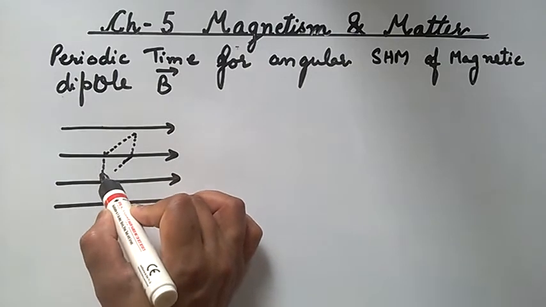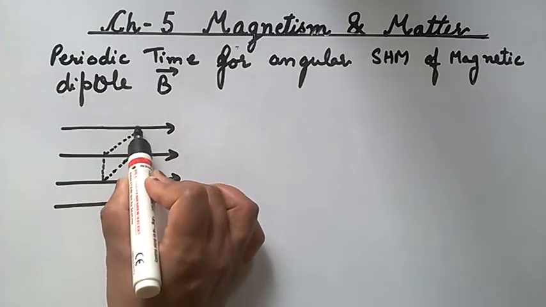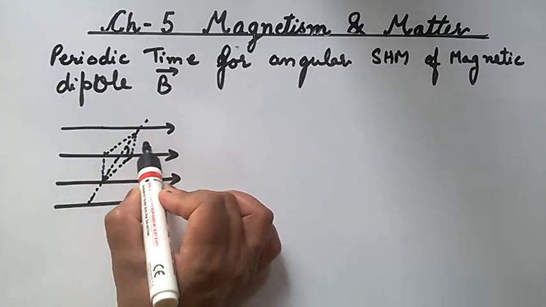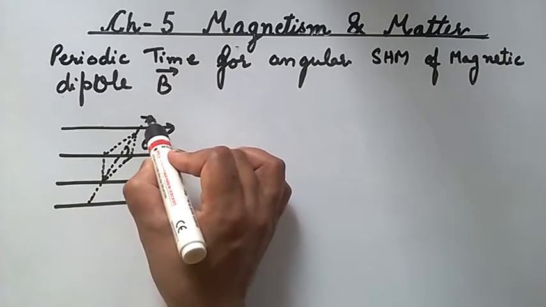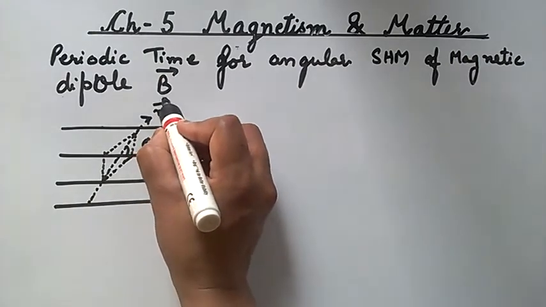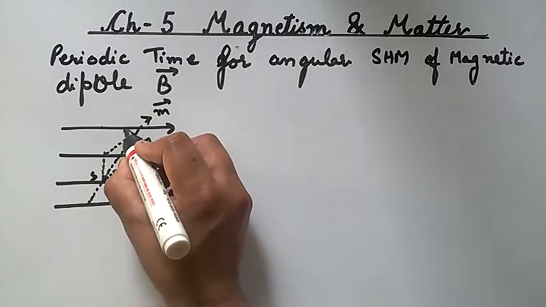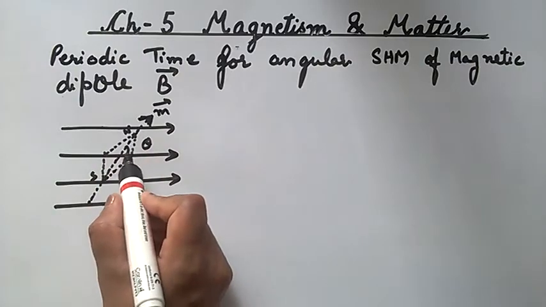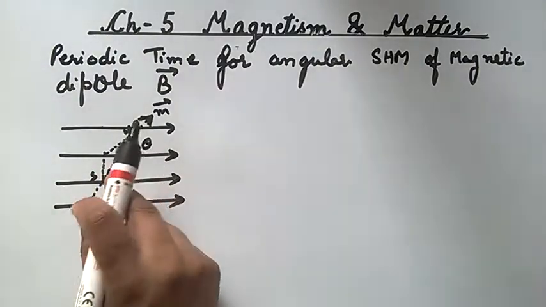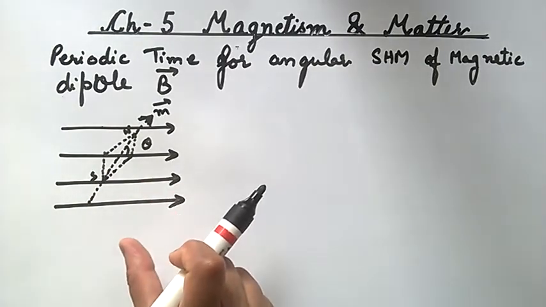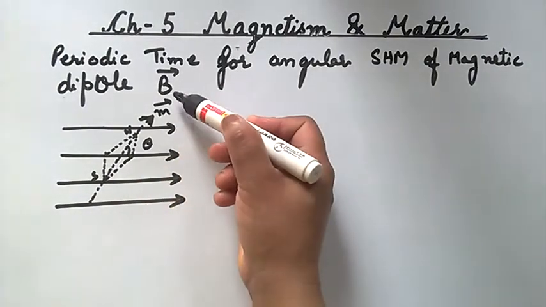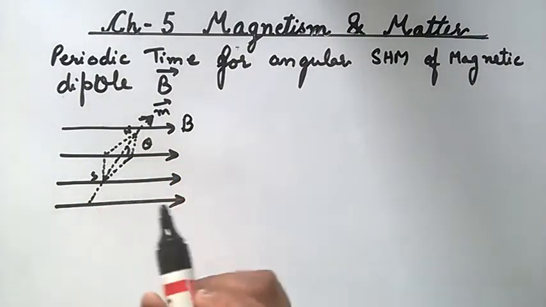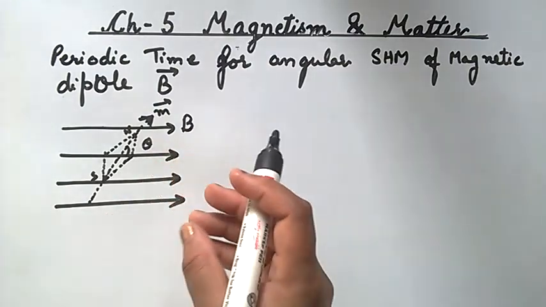That is, we have placed this magnetic needle at an angle theta with the x-axis, its magnetic dipole moment is M, and when we release it, this needle will restore its position. That is, the restoring torque is applied by the uniform magnetic field when we do not apply any force.